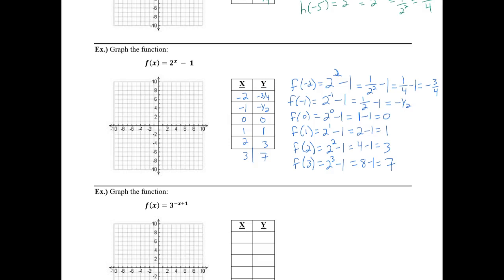So I've got -2, -3/4, so about 3/4 of the way down. -1, -1/2. 0, 0. 1, 1. 2, 3. And 3, 7.